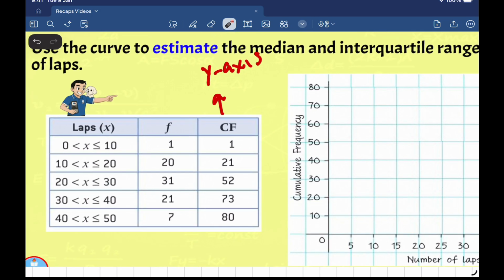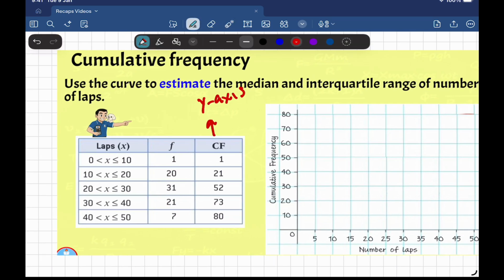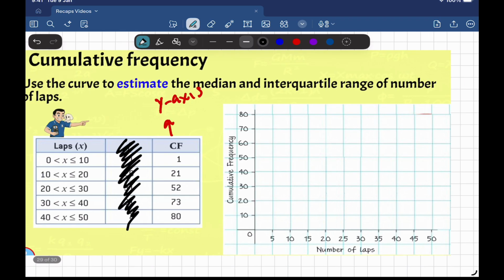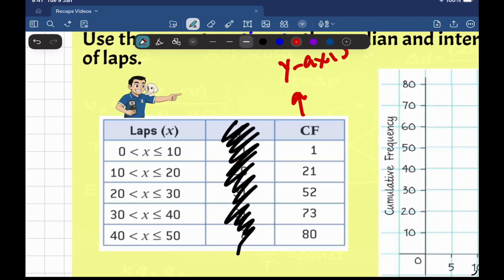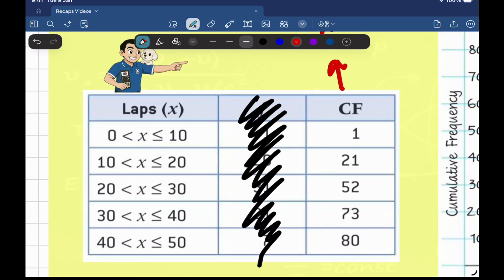Okay, so as you can see, we are not going to use this one. So be careful with this. So we can ignore this one. Then what else? If you remember, this is when we have intervals or ranges.